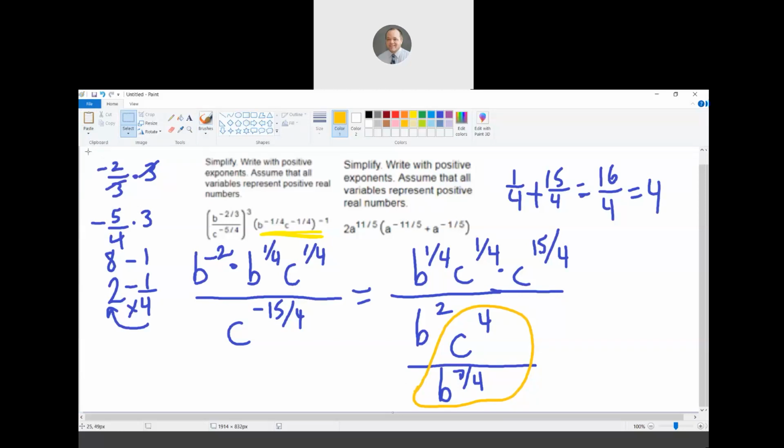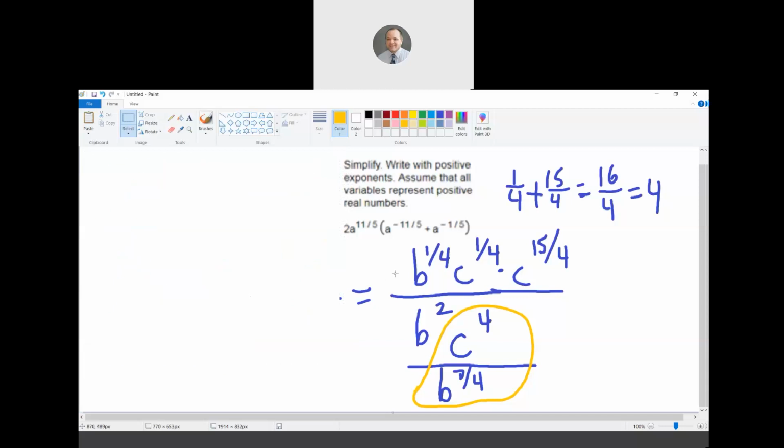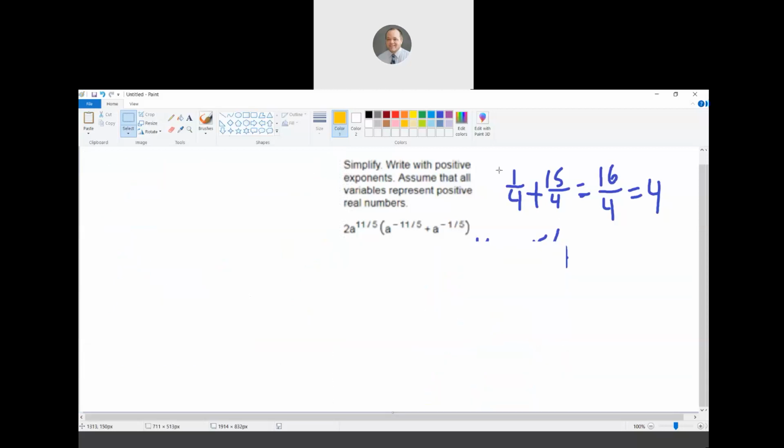All right, here we go with the next problem. Let me make some room for us to work. The directions are the same again. The first thing we need to do is distribute that outside term times everything on the inside. Normally, I don't show what we're distributing, but here it's a good idea.